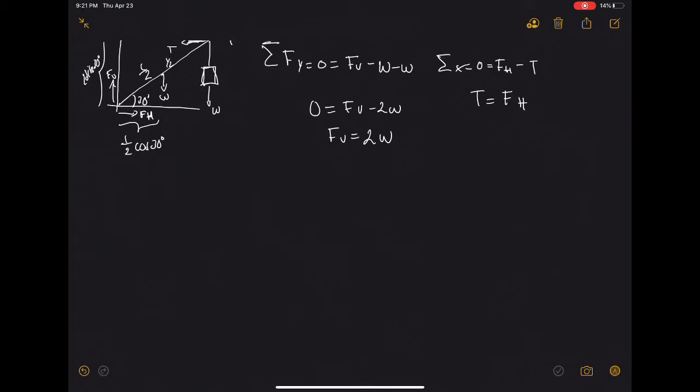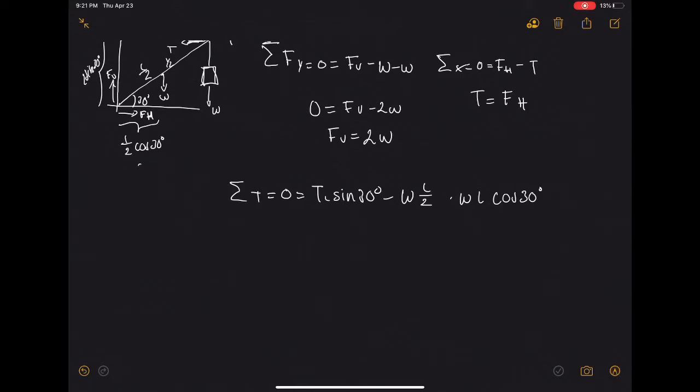Now we have to find the sum of all the torques. So we have that TL sine 30 is positive since it's going up, and then we have the W's which are negative times the other WL, since going from this part, cosine 30.